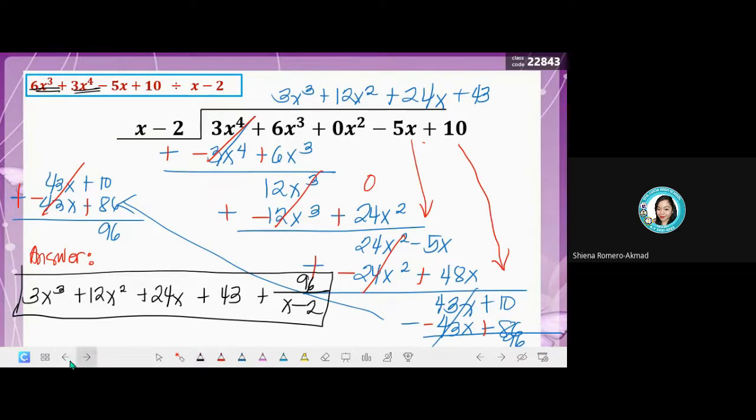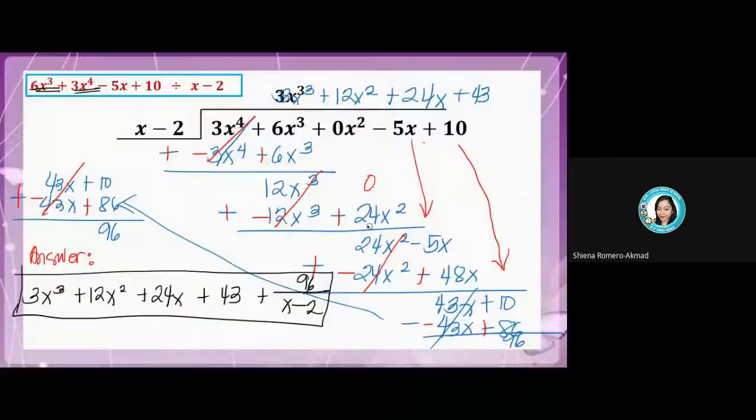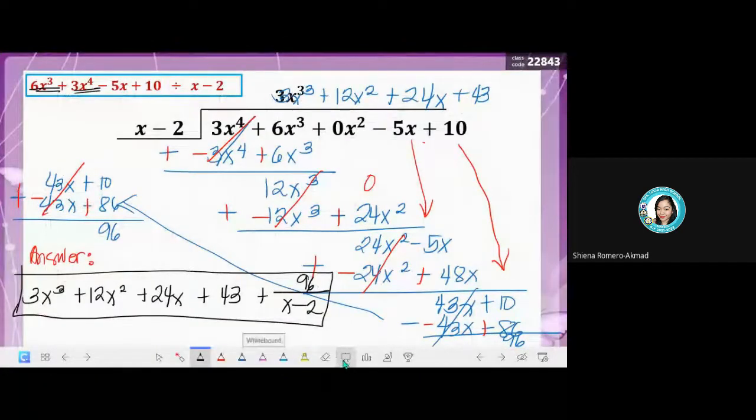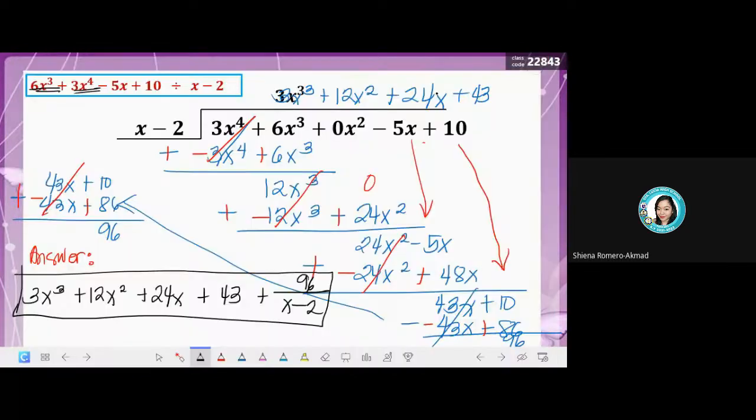How about when using synthetic? Let us try using synthetic. 3, 4, 6, 3, 5, 10. Please remember this.